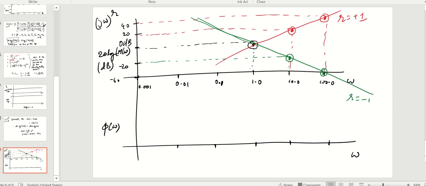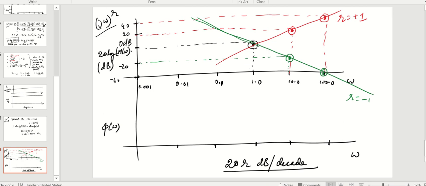Now if r had some other integral value other than plus minus 1, then the change is 20 r dB per decade. So in general, the standard method for drawing the magnitude Bode plot for a block such as this is as follows.